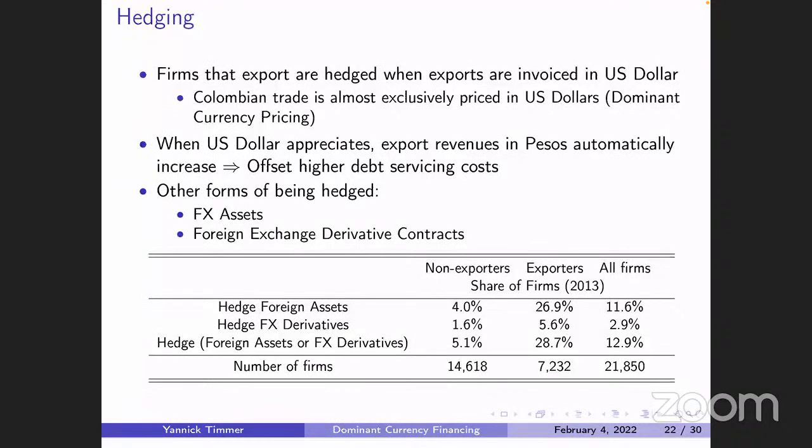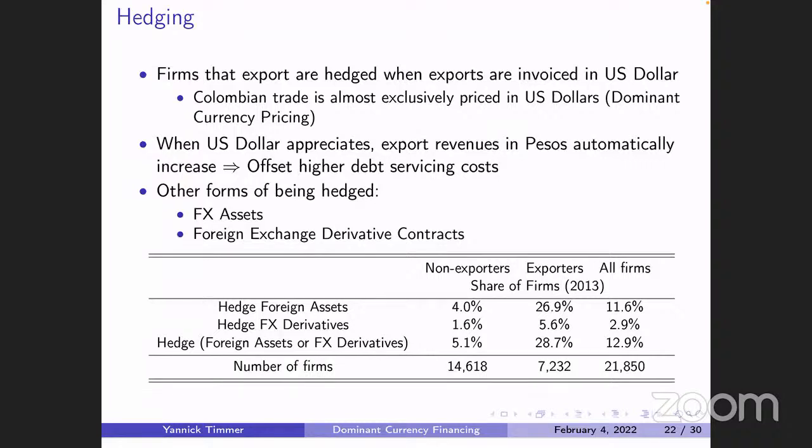And so when Colombian trade is almost exclusively invoiced in US dollars, when you have this depreciation in the exchange rate, the revenues in pesos increase automatically, which can offset the higher debt servicing costs. So this is what we have seen so far, and it can rationalize our results that exporters are differently affected than non-exporters, and indeed that exporters do not reduce their imports when they have more foreign currency borrowing.